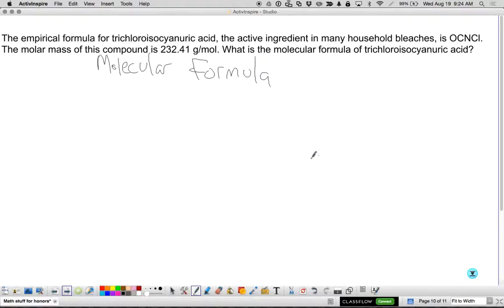So the first thing that we need to know is what is the empirical formula mass? It is 77.467 grams per mole.